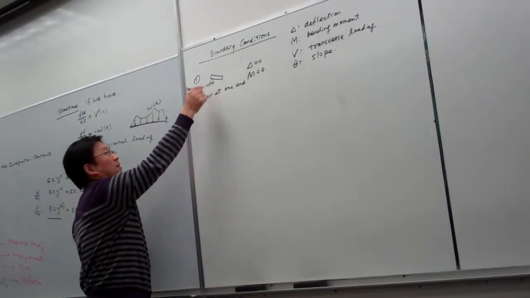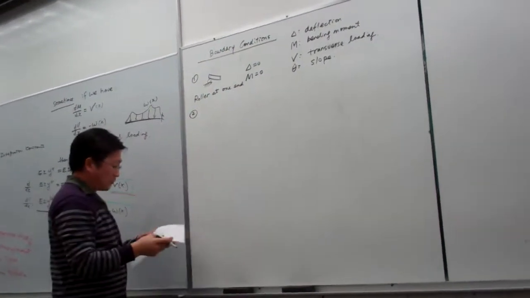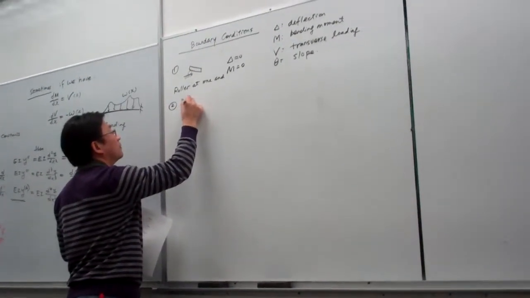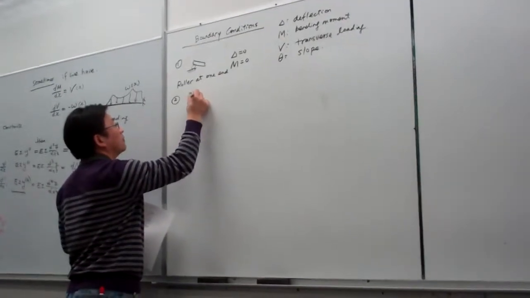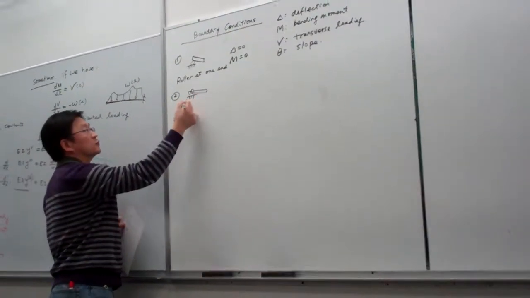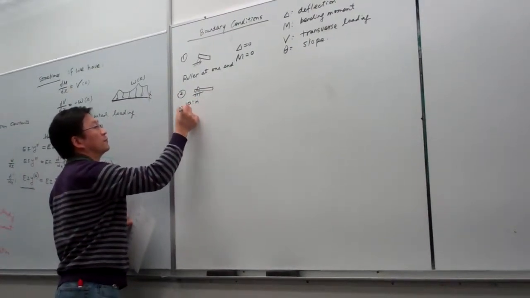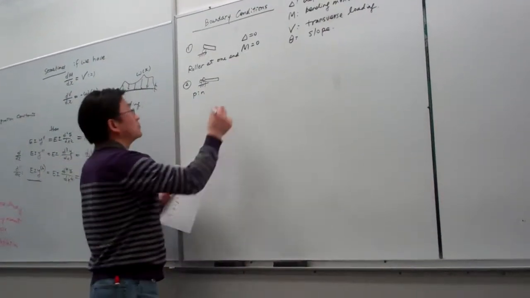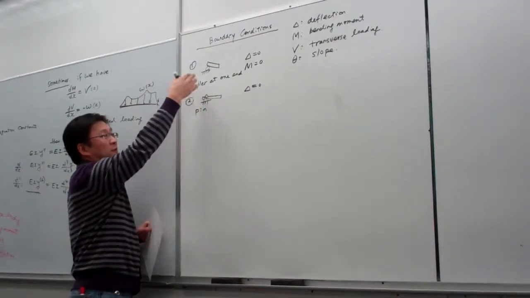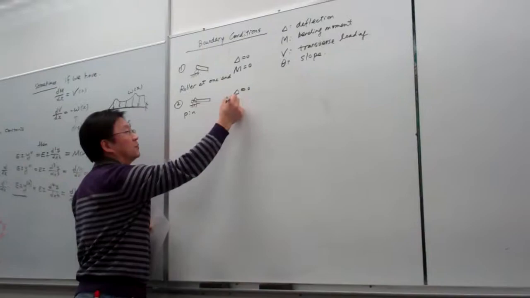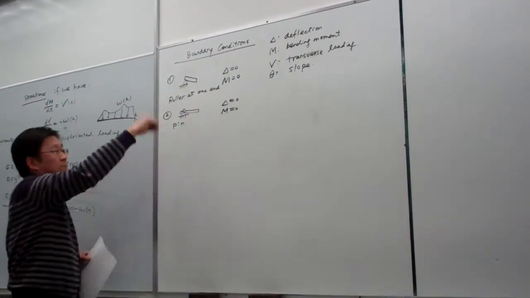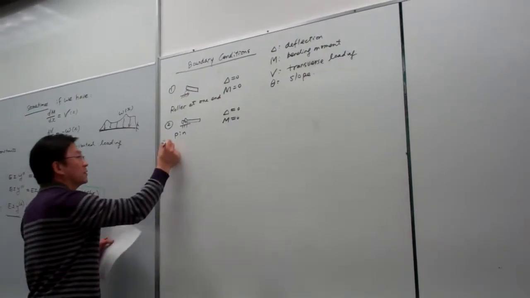The second one is a pin. Again, I only drew the portion, so this is a pin. And here the same, we have the deflection that constrains the vertical displacement, but it is allowed to rotate, so there is no bending moment.